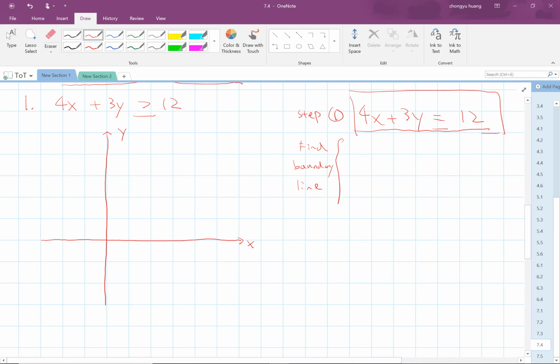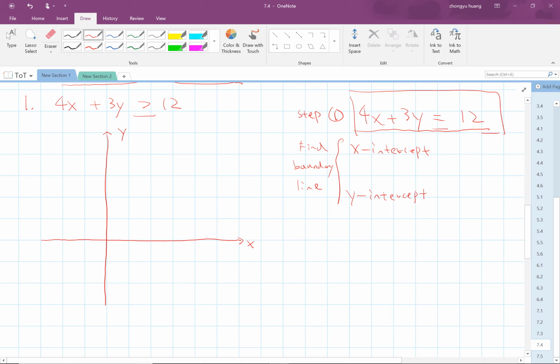Let me write it down. How you graph this equation is you need to find the x-intercept. That's the easiest way. As in the previous video, if you're not sure, please take a look at my previous video.